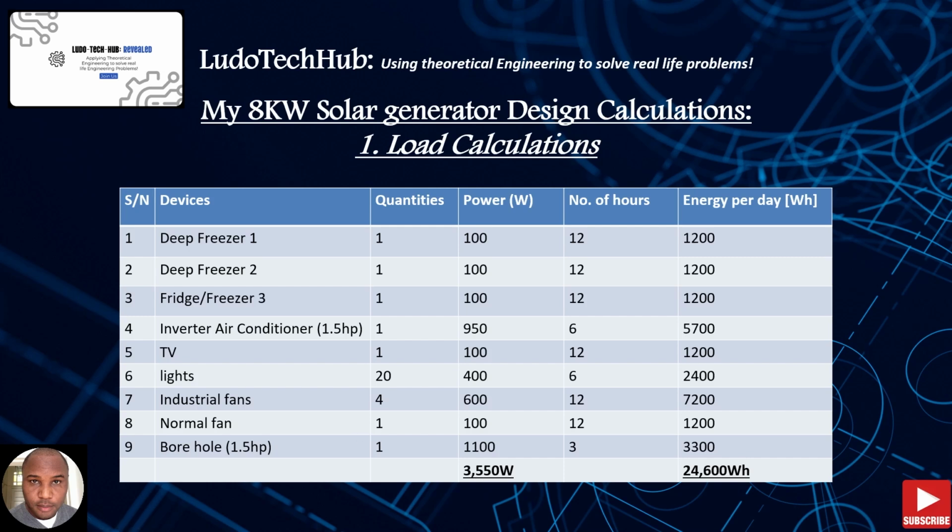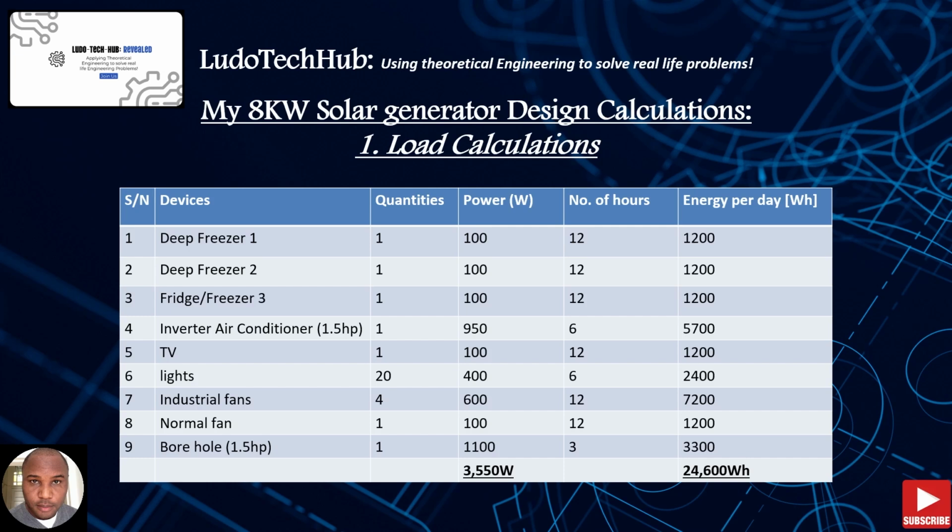When we're designing an inverter, we're going to consider something else called peak power. Where you have compressors and electric motors, you get a starting surge. When you just start this equipment, you get a higher power rating than the ones stated here.